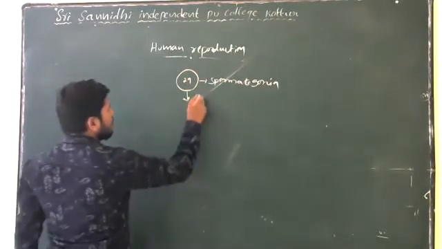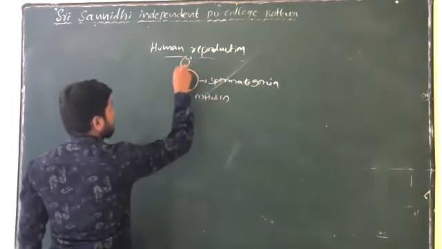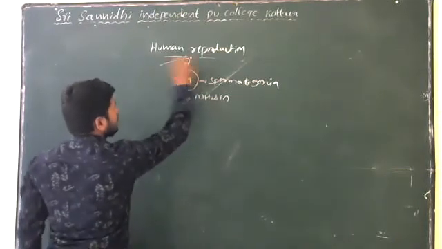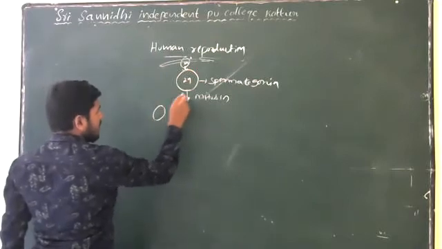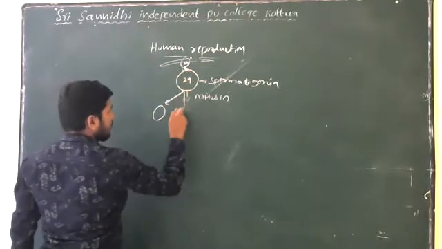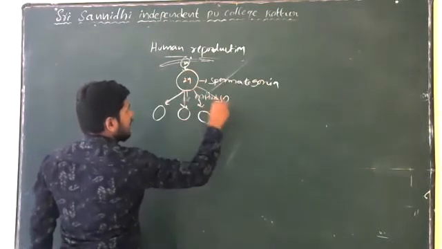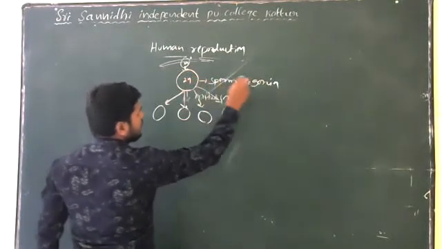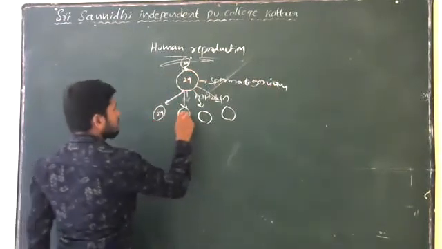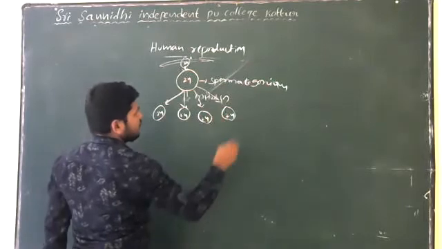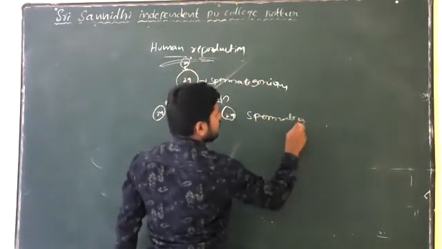Spermatogonia undergo mitosis to produce a number of diploid spermatogonia. Spermatogonium is singular, spermatogonia is plural.